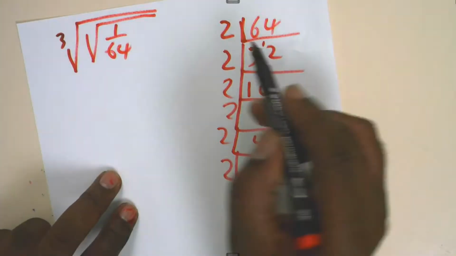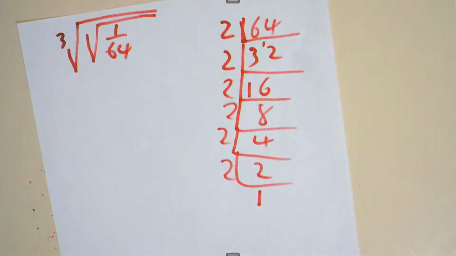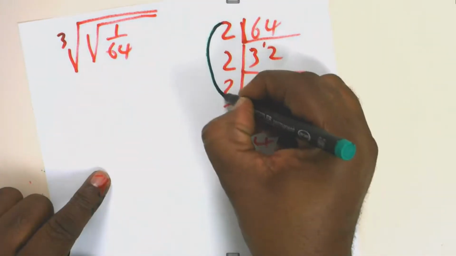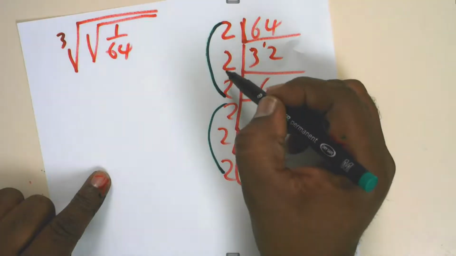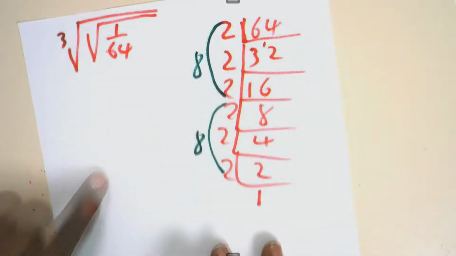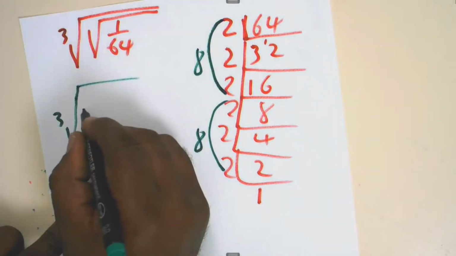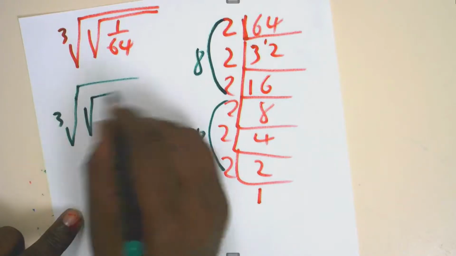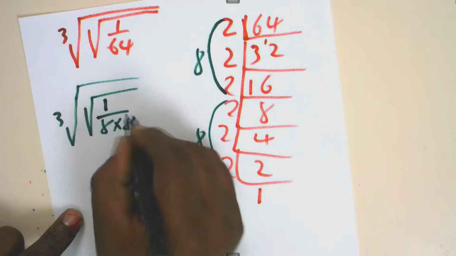Remember, when we're looking for a square, we are looking for twins. So this will give you one twin, this will give you another twin. So 2 by 2 is a 4, 4 by 2 is an 8. Hence we said, okay, the situation here is a square root of 1 over 64 is 8 by 8.